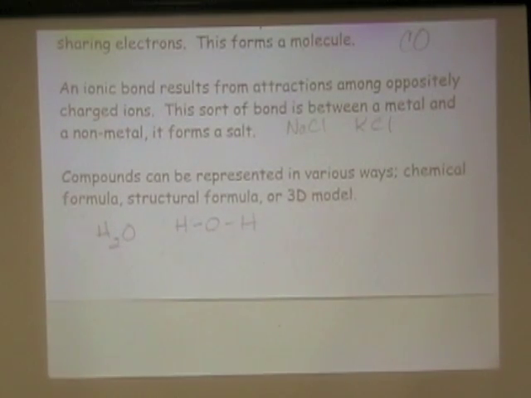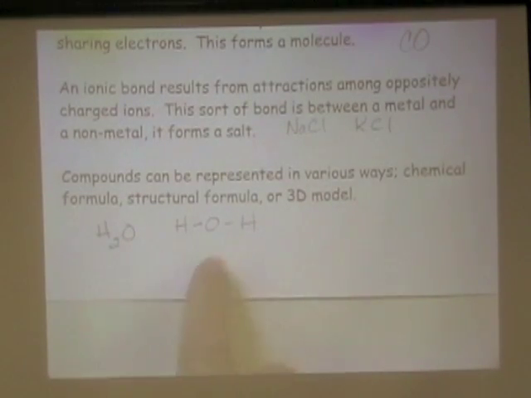And what does that chemical formula tell us? Well, it tells us that we've got one atom of oxygen and two atoms of hydrogen. So the subscripts tell us in a chemical formula how many of that type of atom we find in the compound. So H2O, 1 atom of oxygen, 2 atoms of hydrogen.